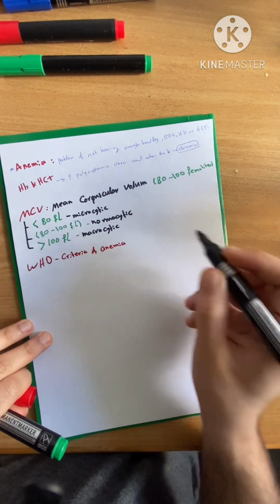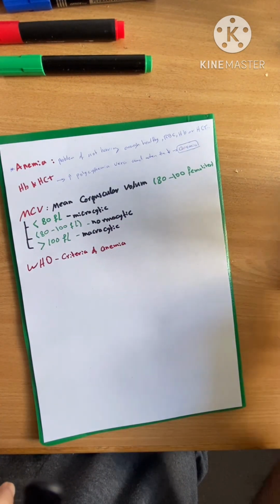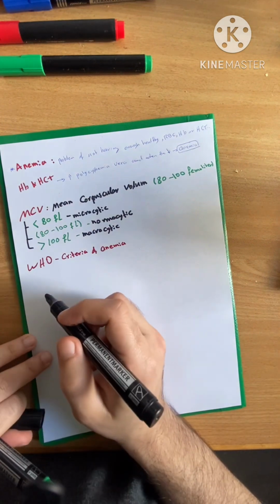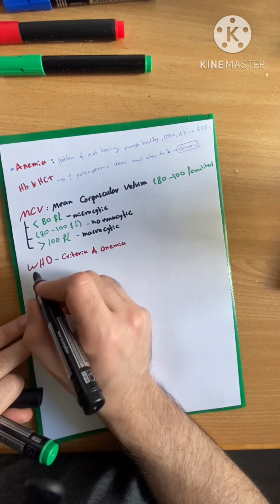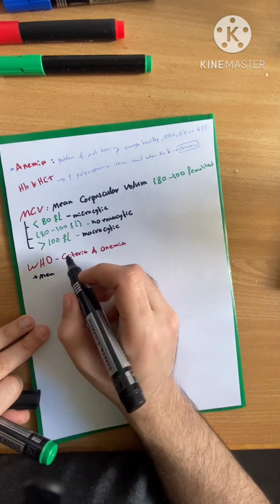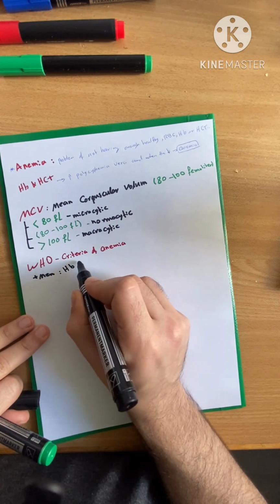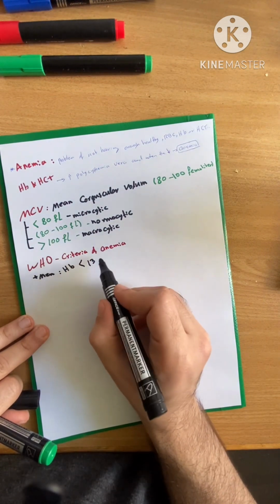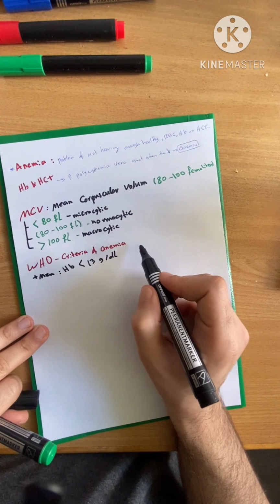So to identify anemia due to the WHO criteria, for men, hemoglobin must be less than 13 gram per deciliter.